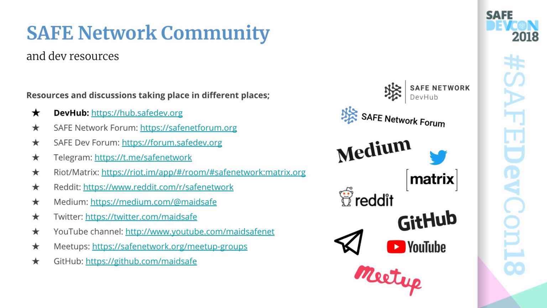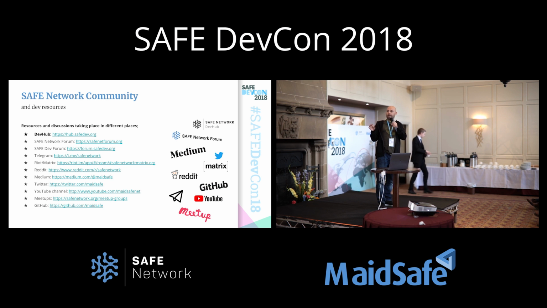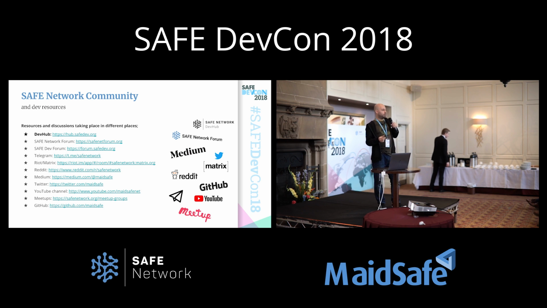So I really would encourage any developer who wants to start developing applications on the Safe Network to go and check out all these resources. In the forums, there are always people willing to help, not just with issues with the code itself, but also with trying to understand concepts or how the network works and so on. So this is, I think, the most important resource we have.